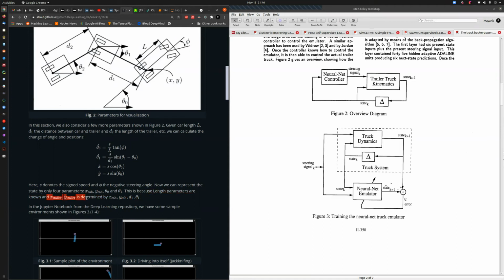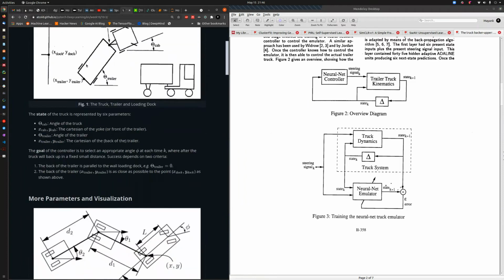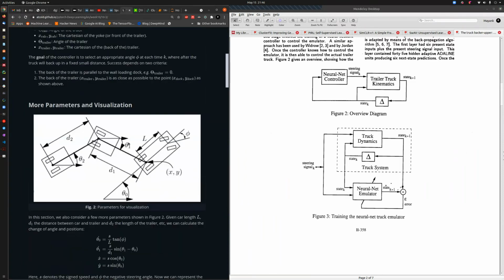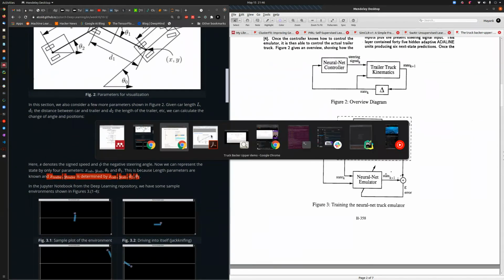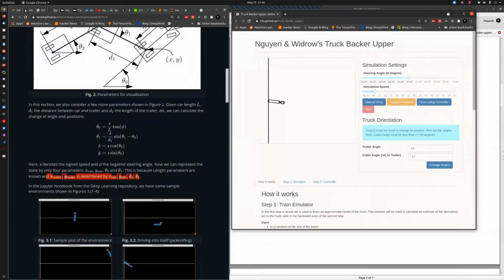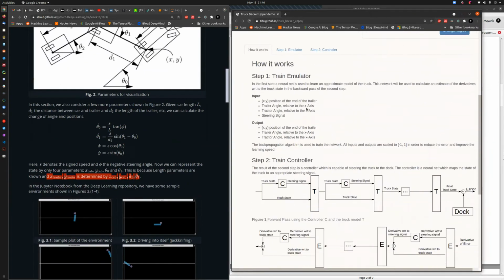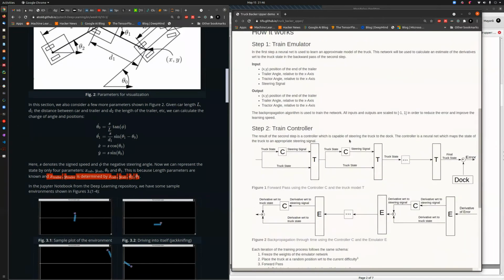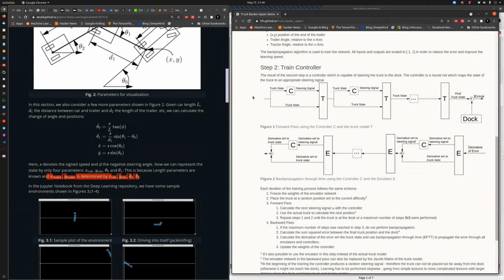And this x trailer and y trailer is determined by this guy here, the Cartesian position of the back of the trailer. Yeah, so this is a much simpler way to represent this train controller.